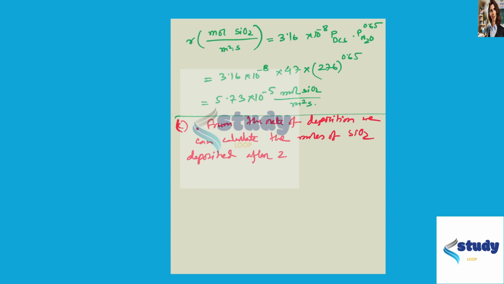And finally, how thick is the silicon dioxide layer? Question C. From the rate of deposition, we can calculate the moles of silicon dioxide deposited after 2 hours.